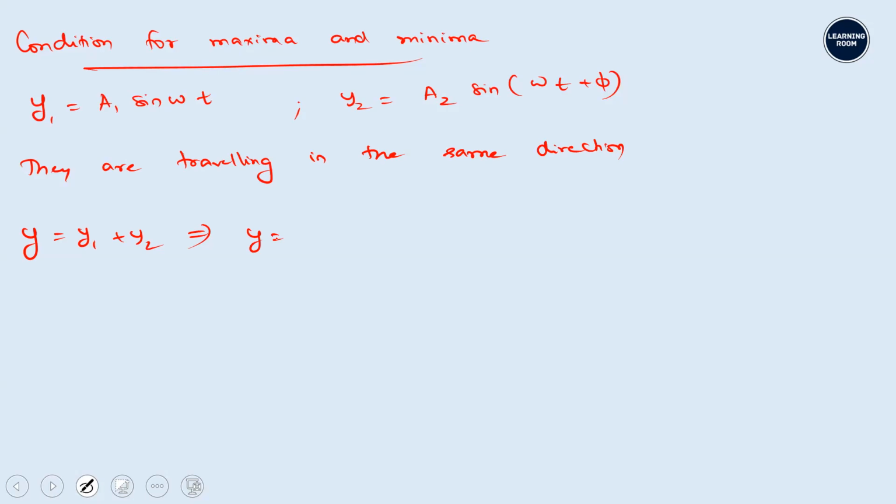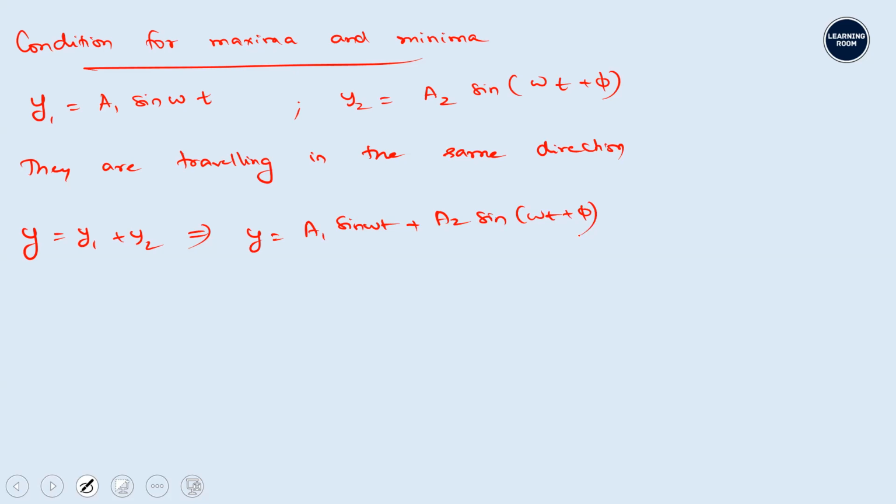But here I didn't write it in that form because I already mentioned that they both are traveling in the same direction. So vectorially they are going to have the same sign. Right. So I directly took the algebraic sum of them. So y will be equal to a1 sin omega t plus a2 sin of omega t plus phi.